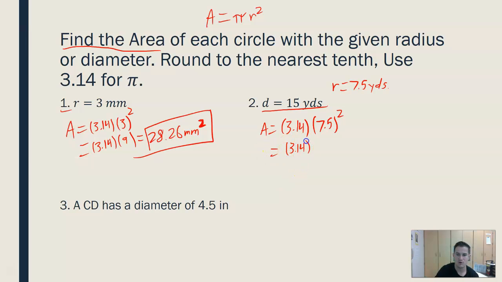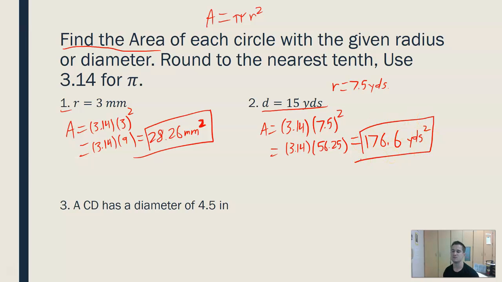I have 3.14 times 56.25. 3.14 times 56.25 is 176.6, if I'm rounding to the nearest tenth, 176.6 yards squared, or square yards. 176.6 square yards. That's the area of that circle.